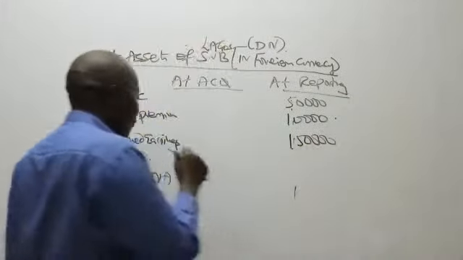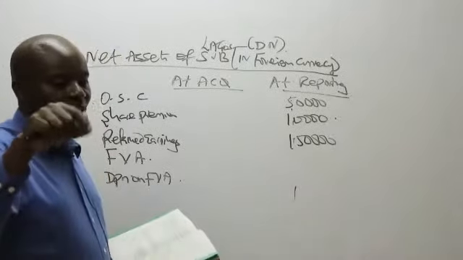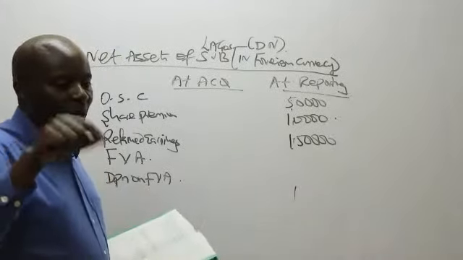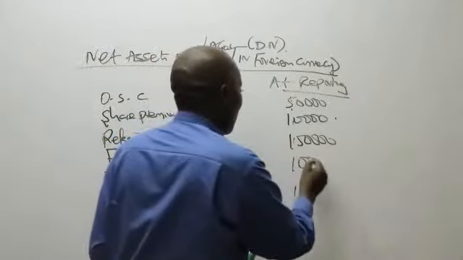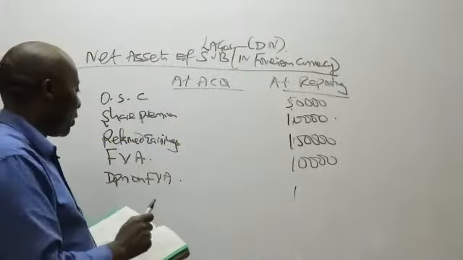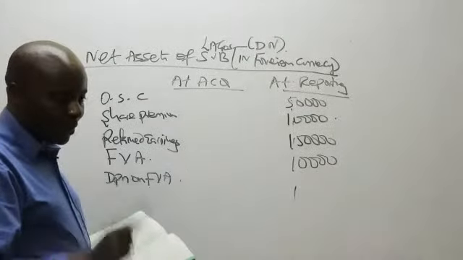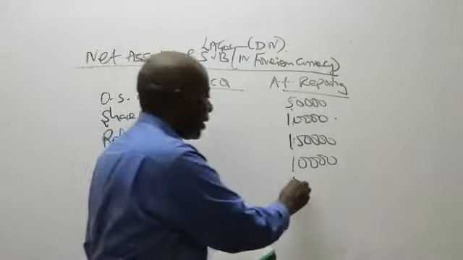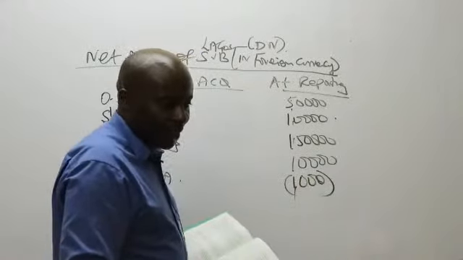Are you able to see the fair value adjustment of Lagos assets? 10,000. Thank you very much. How about the depreciation on fair value adjustment that we got? It's 1,000. But remember, this is something you deduct.